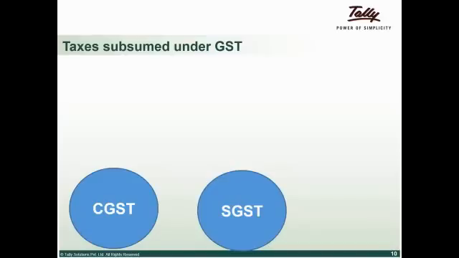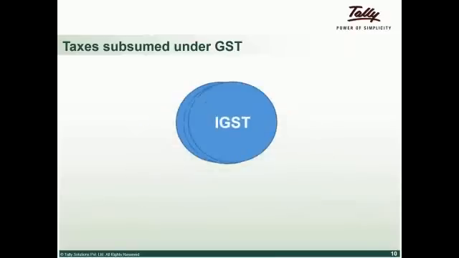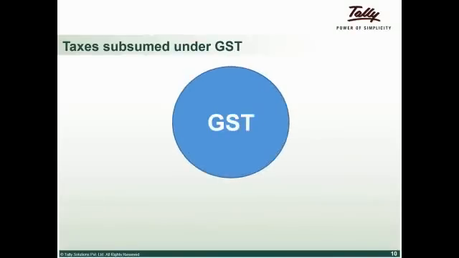So now we have seen these three components: CGST, which is Central GST, then SGST, which is State GST, and IGST. All these three components are what form GST. So when is CGST or SGST going to be applicable, and when is IGST going to be applicable?